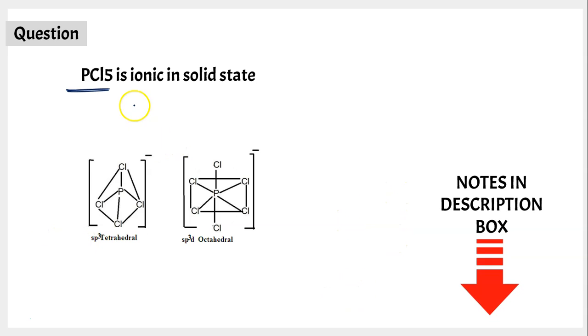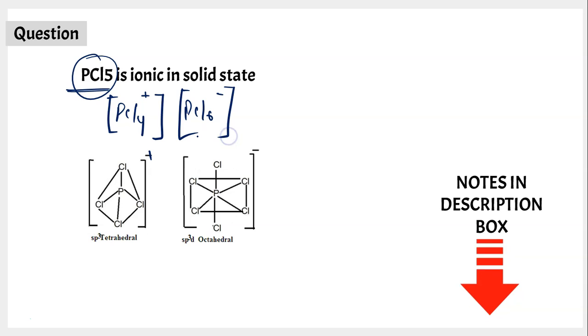That is because when you take PCl5 in the solid physical state, instead of existing as PCl5, it exists as PCl4 plus and PCl6 minus. So here is the plus charge. PCl4 plus and PCl6 minus is how this molecule exists. One chlorine is either lost or one chlorine is acquired by phosphorus in order to maintain stability.